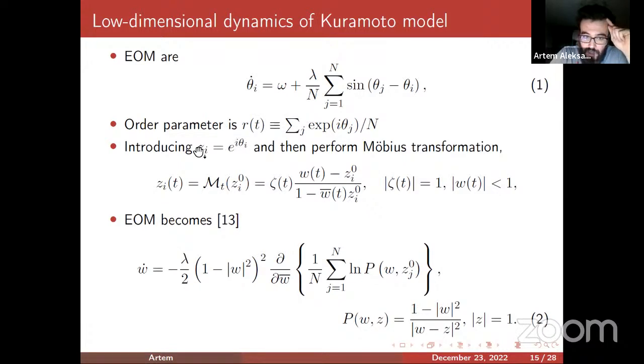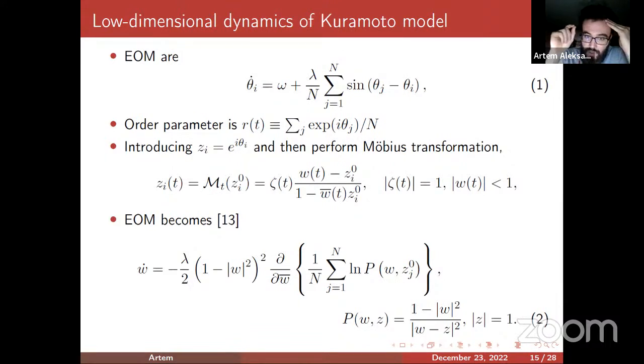And I can rewrite the equations of motion by introducing the complex phase variable. I introduce the variable z, and then I can perform a Möbius transformation. It is a very long story why I apply the Möbius transformation, but the important fact is that this model has integrals of motion. It is not integrable, but it has integrals of motion.